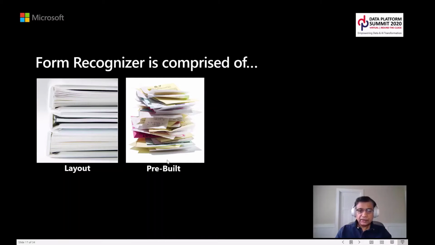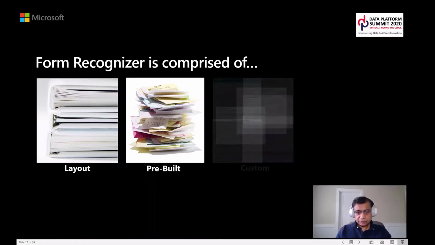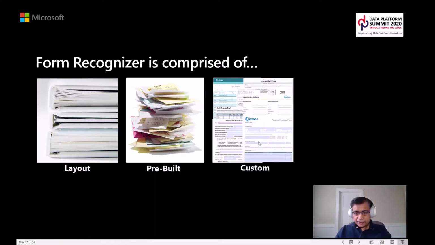So you don't need to build custom models for that, and you don't need to do any post-processing on top of the OCR output. And then the third category is, of course, custom models. So for documents that we do not provide pre-builts, and also for which the post-processing will be heavy, you can actually build your own custom models very easily and quickly with the form recognizer service, depending on your document needs and formats.